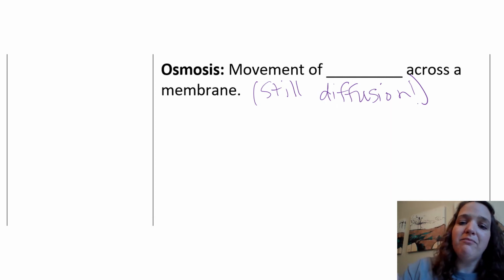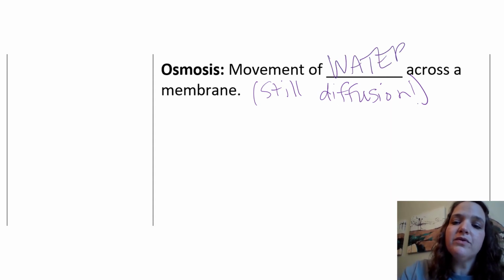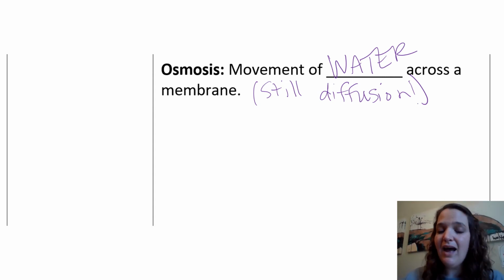So it just has to do with a very, very specific type of molecule, and that is water. Anytime that molecule that's moving across the membrane is water, then we call it osmosis. If it's anything but water, we're going to call it diffusion.